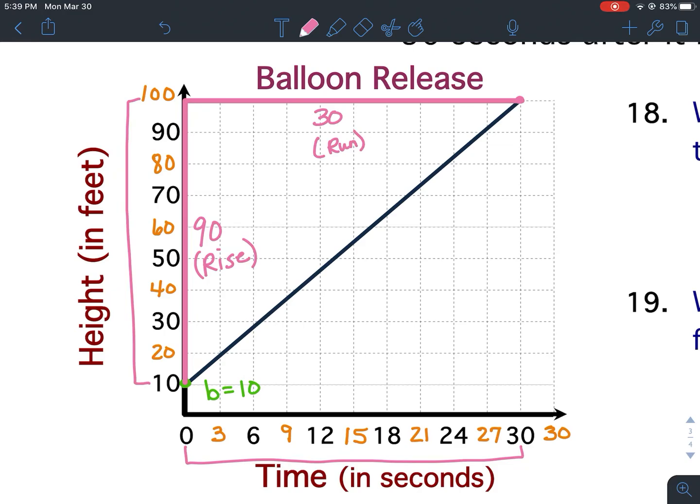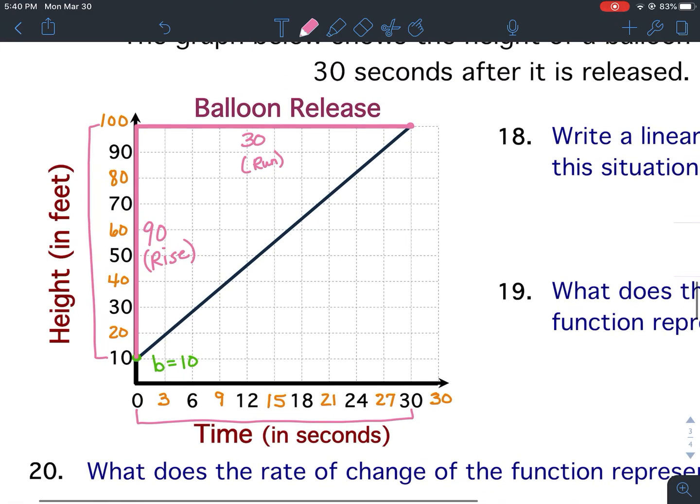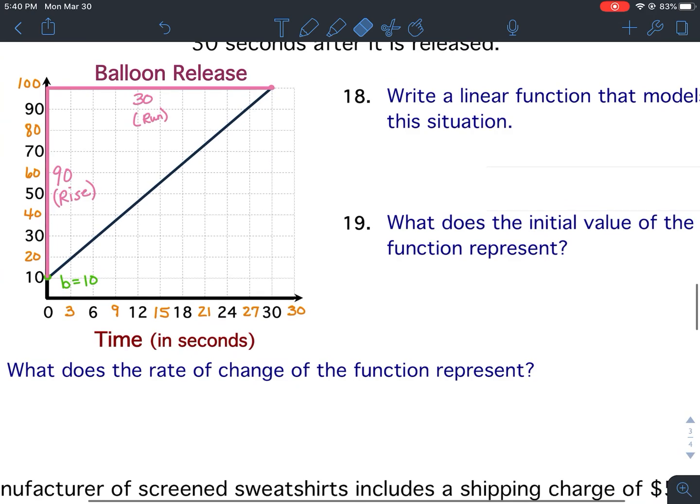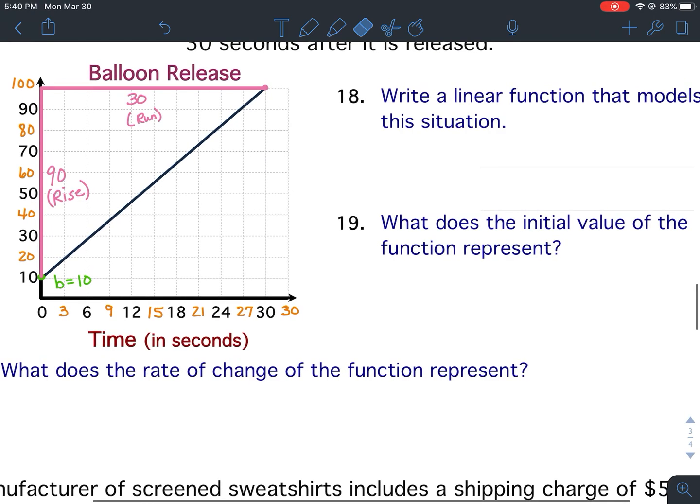So now, given the information we just found on this graph, we can now find our rate of change, which is our slope, and our initial value, which is the y-intercept. So the rate of change, which is our slope, that is our rise 90 over our run 30. If you divide that out, what is 90 divided by 30? That would be 3.